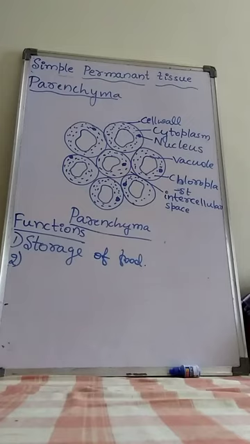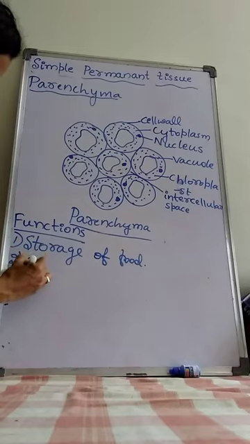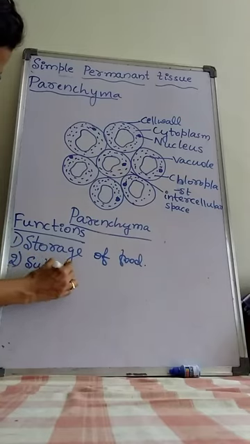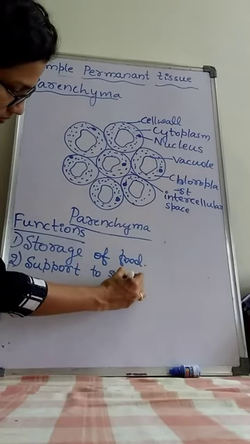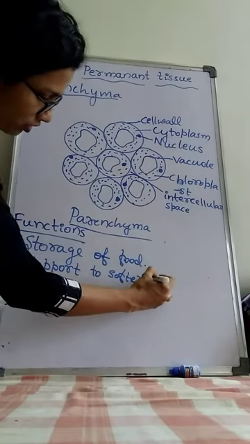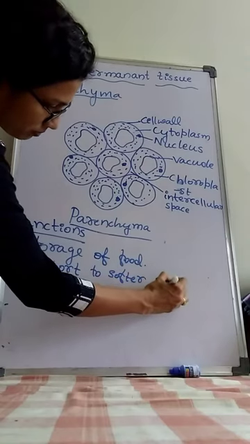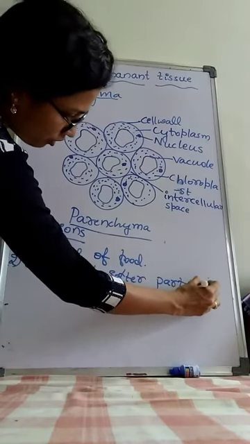Then parenchyma cells also give support to the softer parts of the plant.